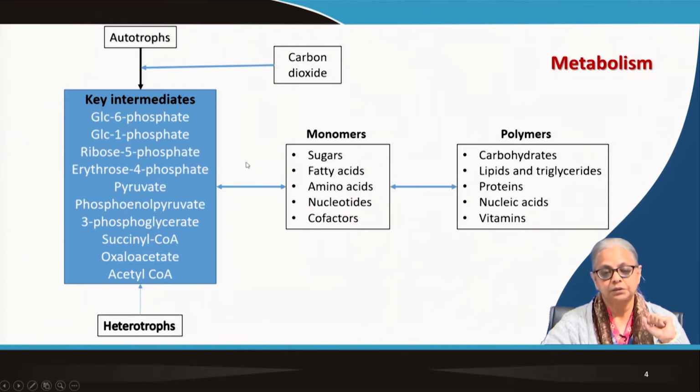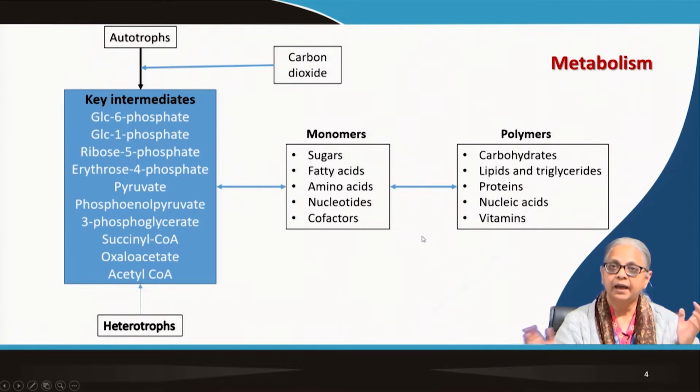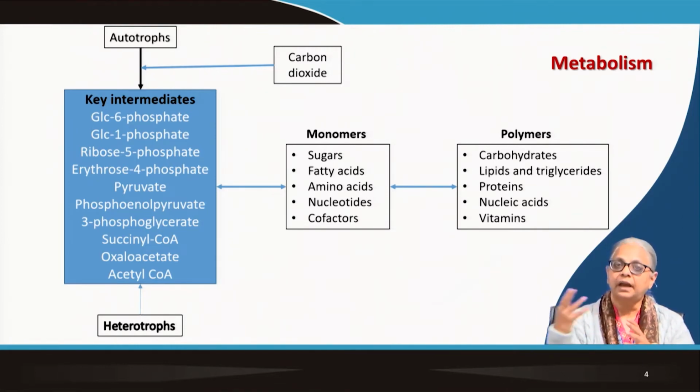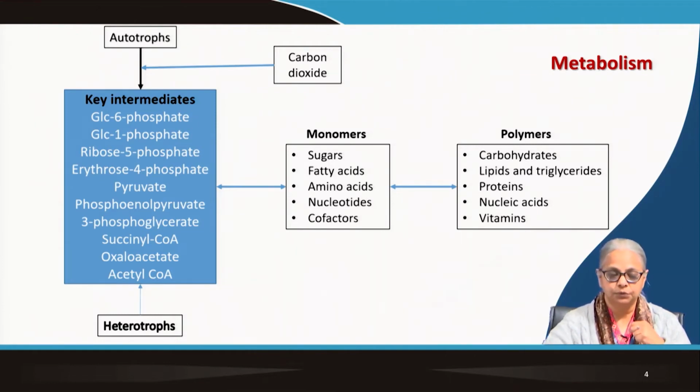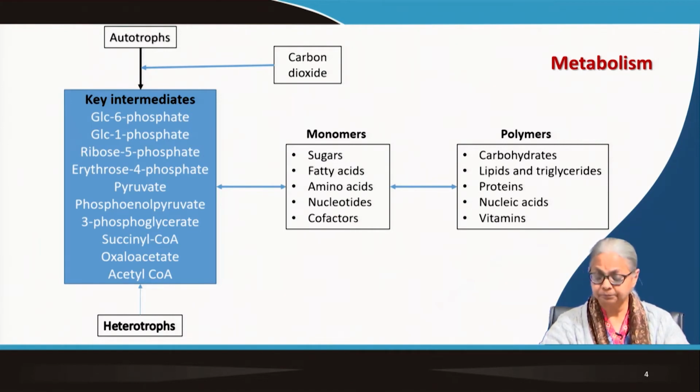Autotrophic organisms, heterotrophic organisms, all of them utilize these key intermediates along with the other monomers to create polymers. Here I've shown the arrows in both directions, the monomers and the polymers. We've gone through all of this in the previous module. We'll move on, but it's important for everyone to remember what the monomeric units of the large macromolecules are.